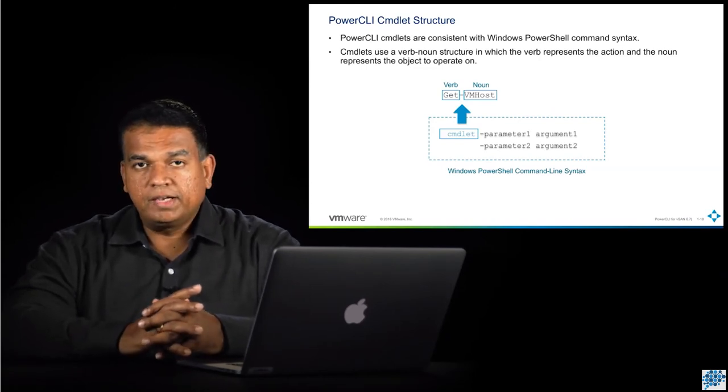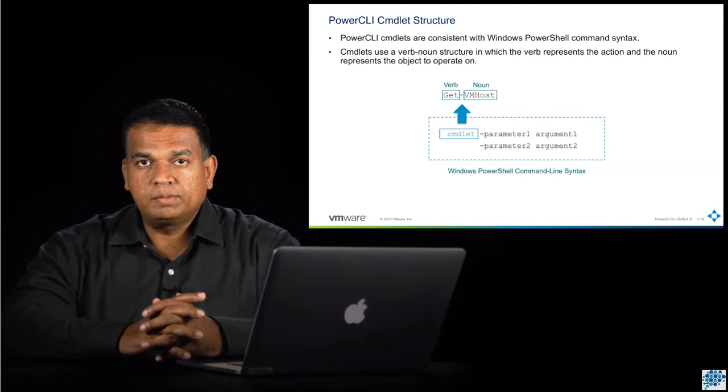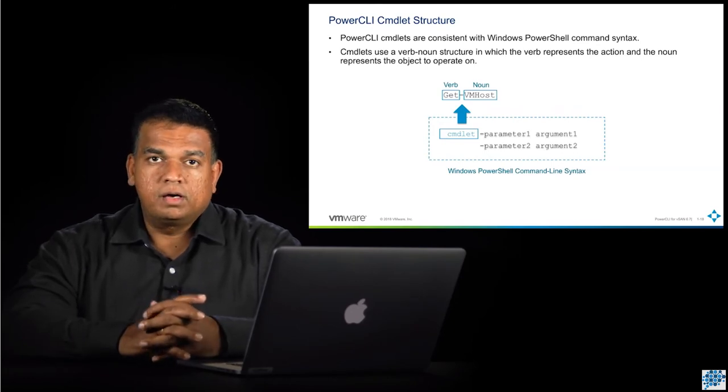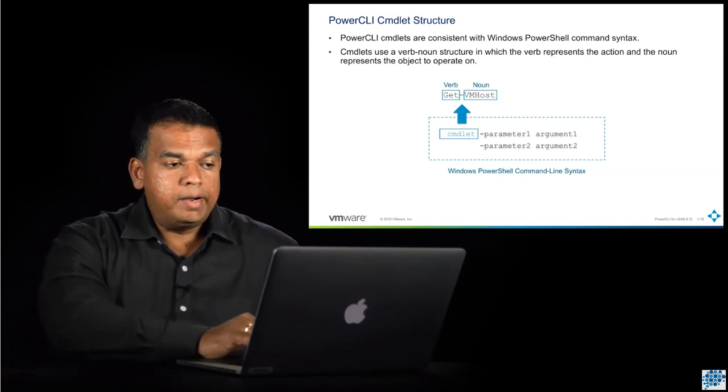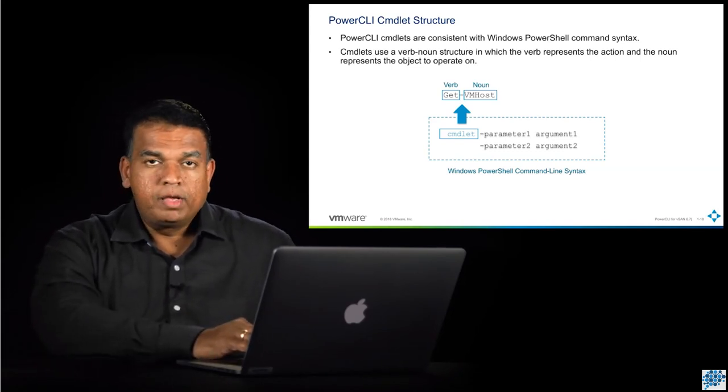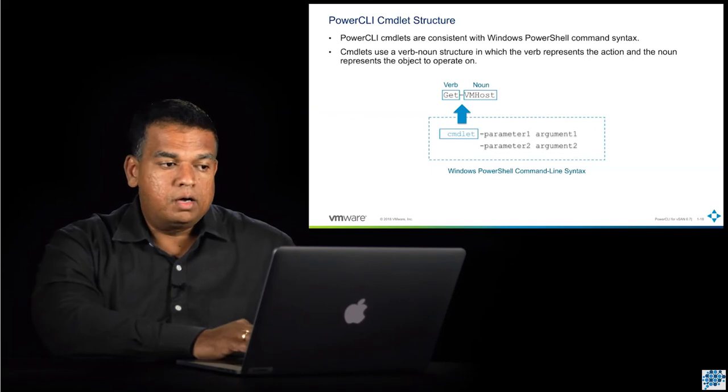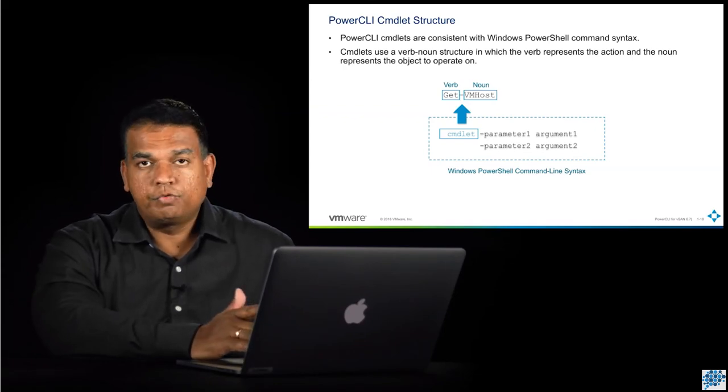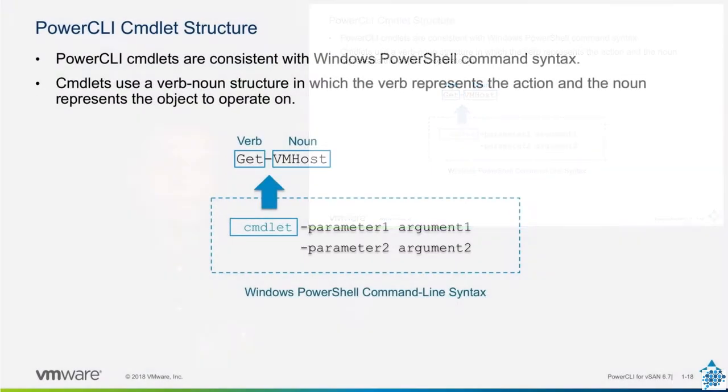When it comes to PowerCLI, it has a very simple syntax, and it is exactly the same as Windows PowerShell. All cmdlets in PowerCLI come in this format, which is a verb followed by a noun. If you look at the example here, Get-VMHost is one of our cmdlets, where Get is the verb and VMHost is the noun.